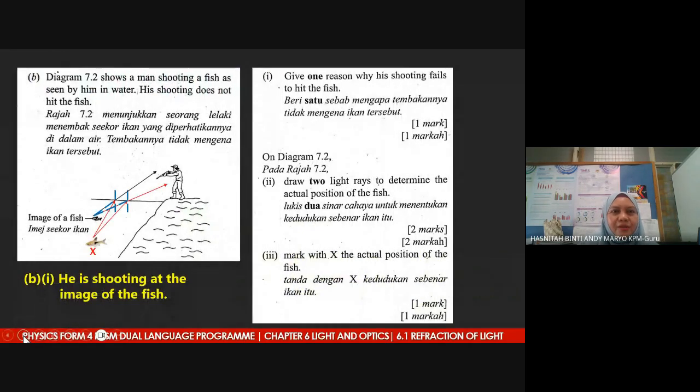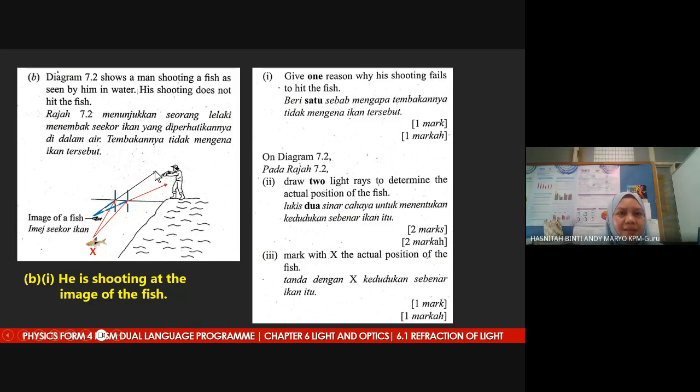So how to draw? Students, this is how we draw the diagram. First, you draw a straight line from the image to the light ray entering the eyes of the observer. Okay, two straight lines. And then from the border, we draw a line which refracts closer to the normal.